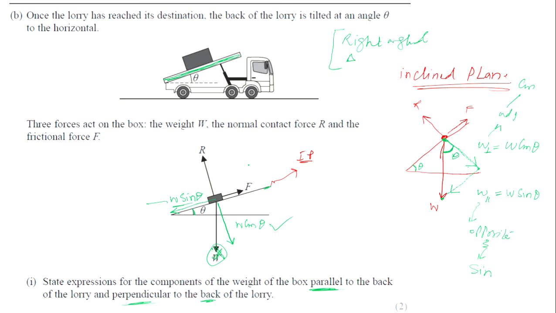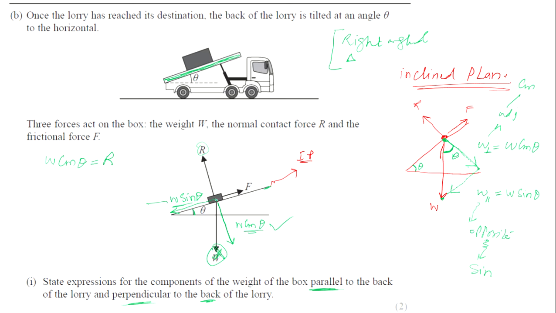And according to the diagram, at the given condition, the box is about to slide. So clearly, because the box is at rest, R and W cos theta are in opposite directions. So W cos theta is being balanced by R. So W cos theta is equal to R.